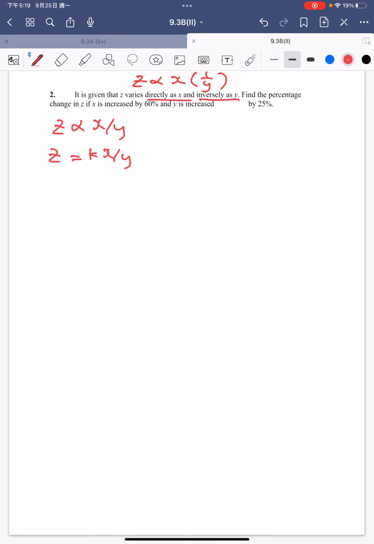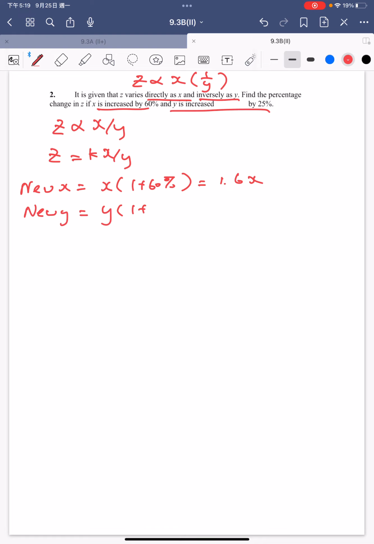Now they said that x is increased by 60% and y is increased by 25%. The new x is x times 1 plus 60%, which gives 1.6x, and the new y is y times 1 plus 25%, which gives 1.25y.